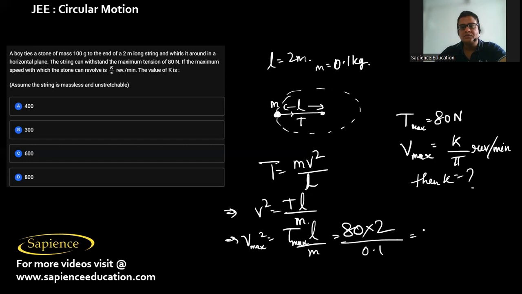So this will be equal to 2 8s are 1600. So therefore V max will be equal to 40 meter per second.